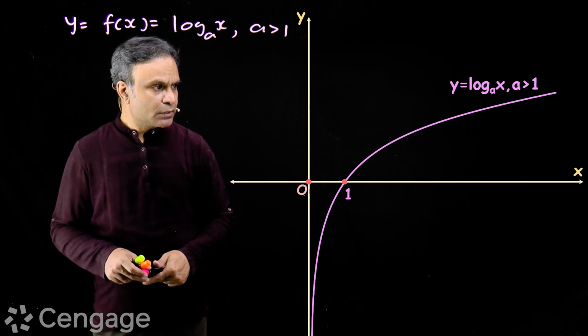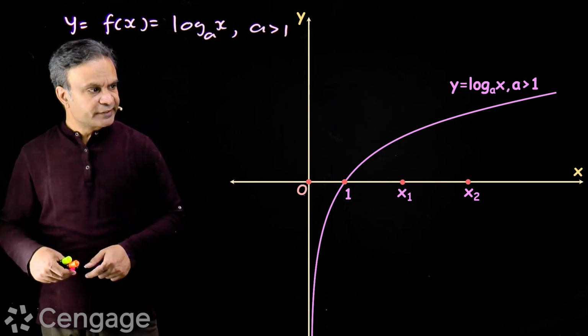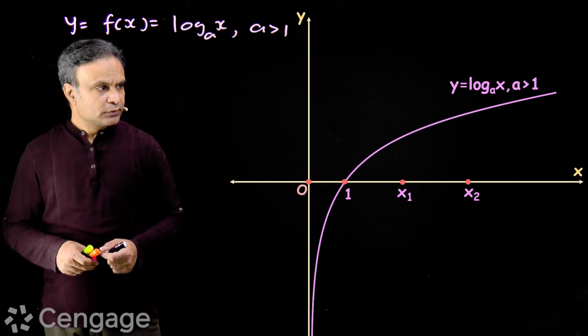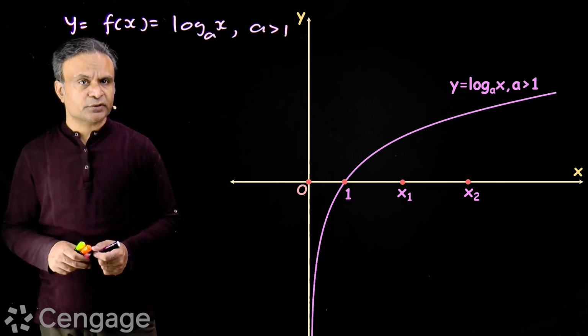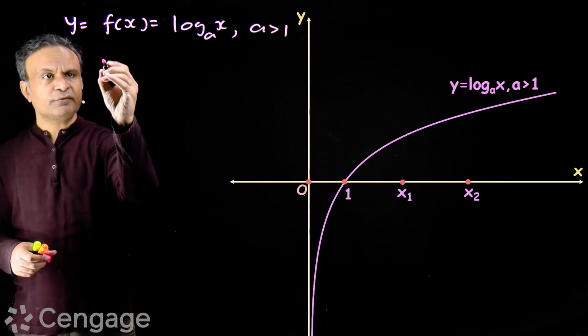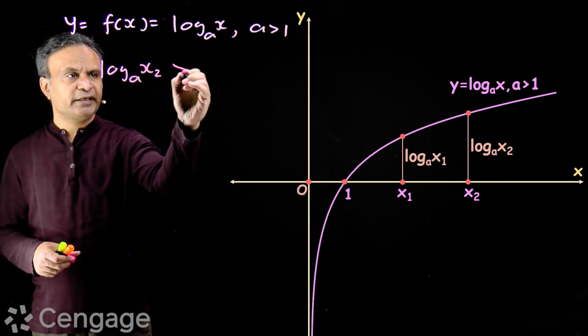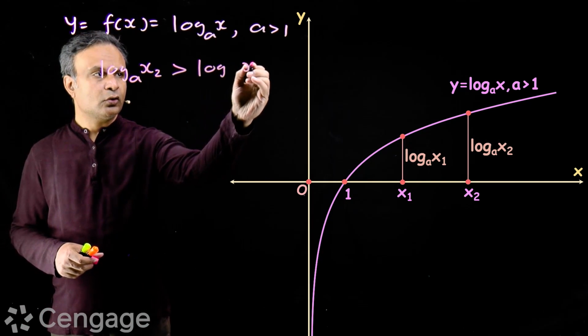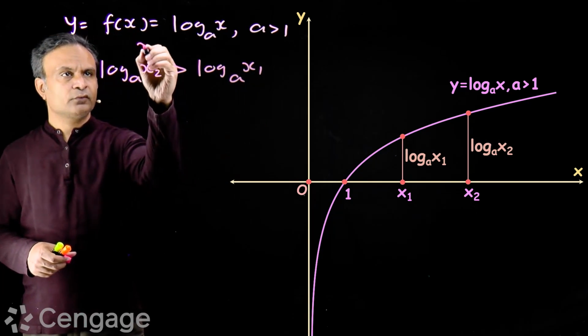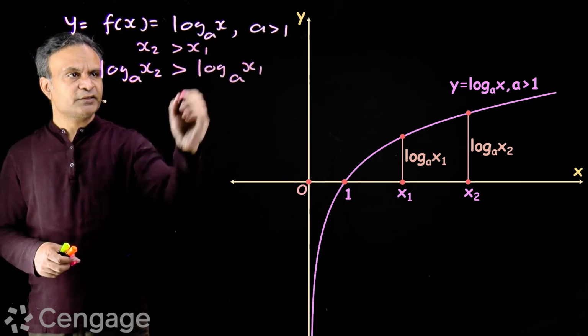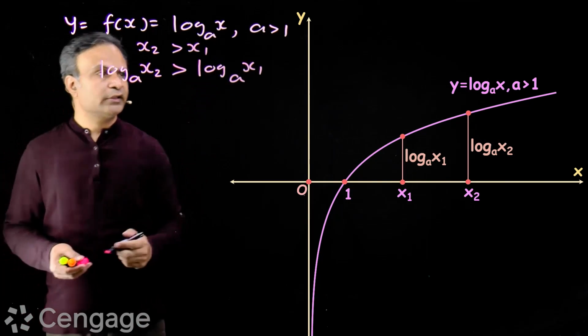Now if we consider two values x1 and x2 such that x2 is more than x1, then we will have log of x2 to the base a greater than log of x1 to the base a. For x2 more than x1, we have log x2 more than log x1.